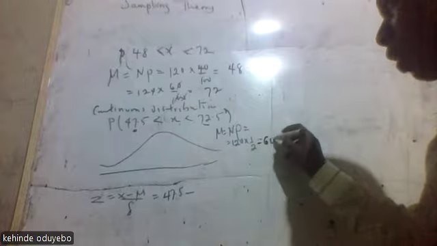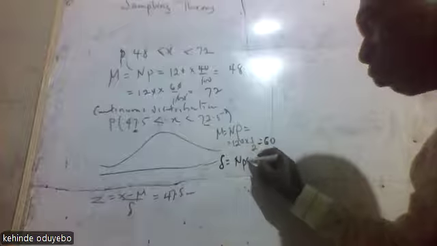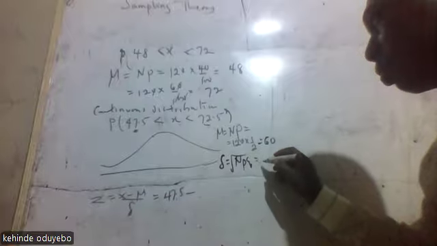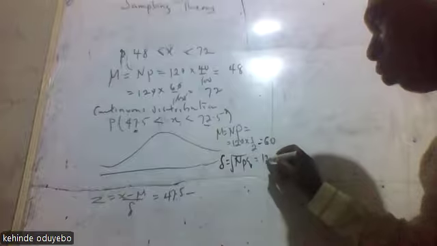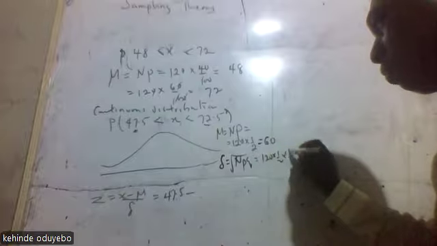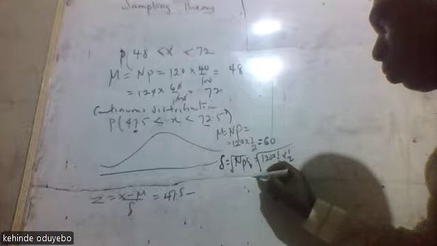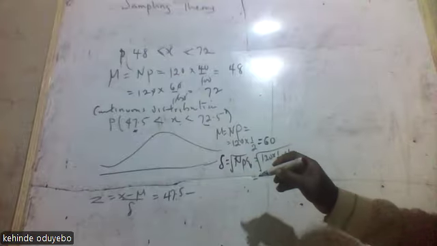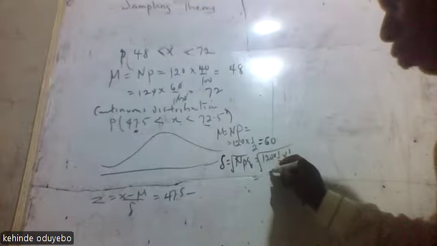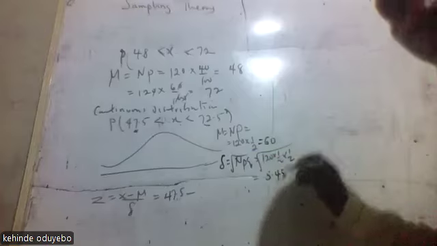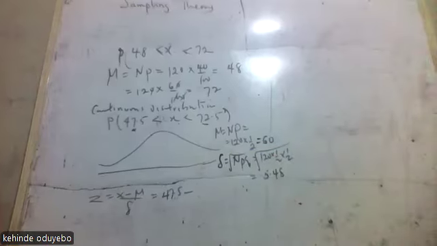So your sigma is the square root of NPQ, isn't it? This is 120 times half times half. When you do that, you get 5.48. Can you confirm that? Yes.